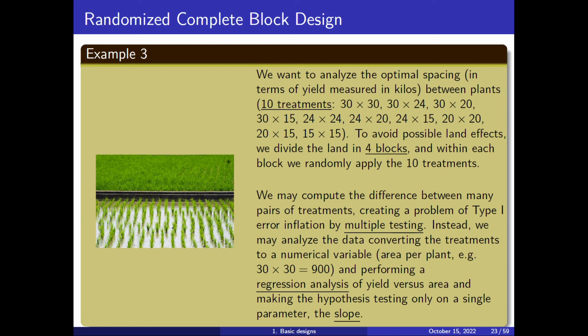ANOVA is prepared for that, so there is no multiple testing inflation error if you do it carefully. But actually you have spent 9 degrees of freedom in estimating the parameters of the treatment, when in fact all these treatments are variations of how much area each plant is having. So for instance here the 30 times 30, each plant is having an area of 900 centimeters squared.